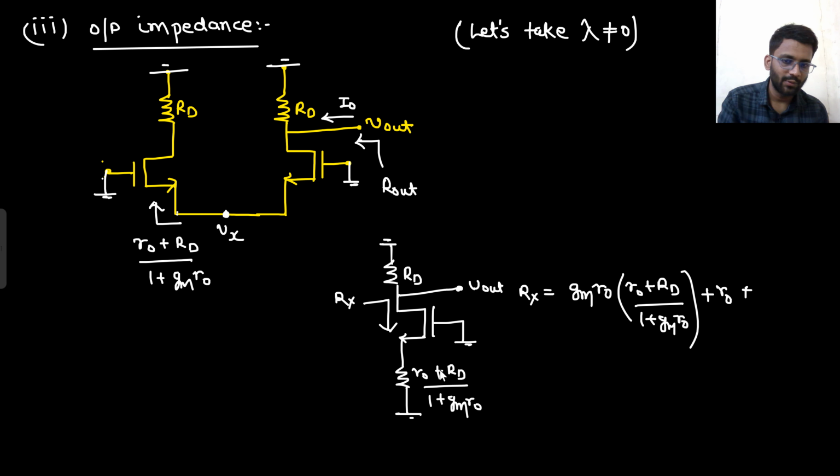GM into R0 into this resistance plus R0 plus this resistance (R0 + RD)/(1 + GM R0).